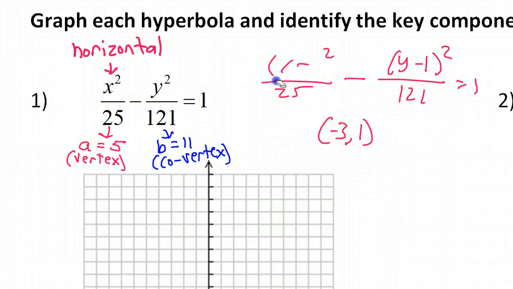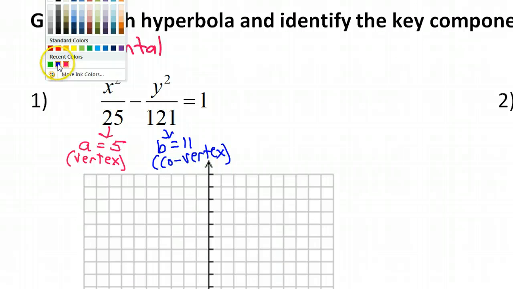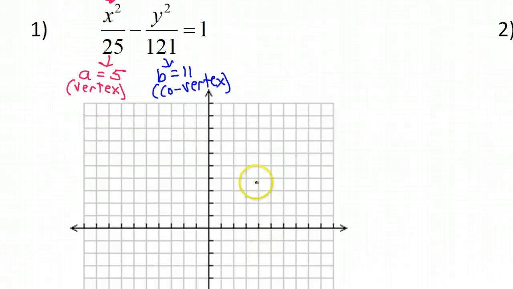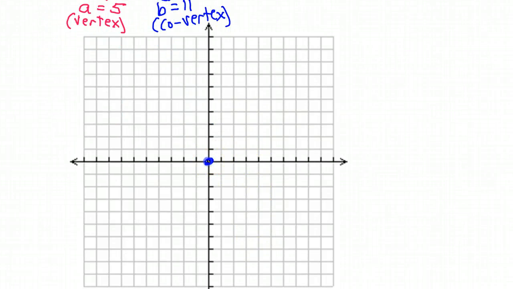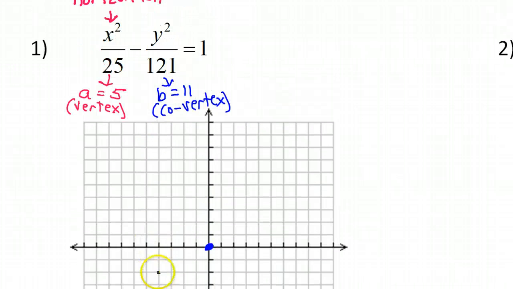But since it's just x squared and y squared, that means it's 0, 0. So let's go ahead and knock that out. So the center is 0, 0, and we can write that down. All right, now the vertices.